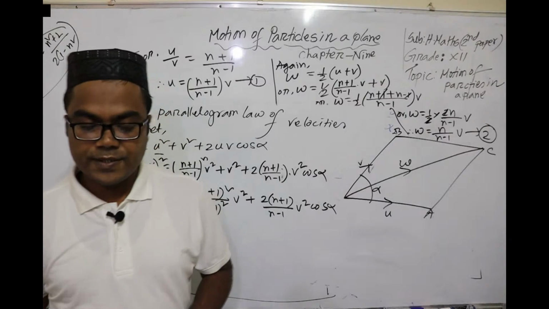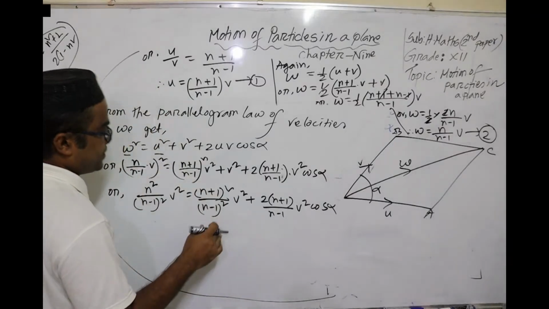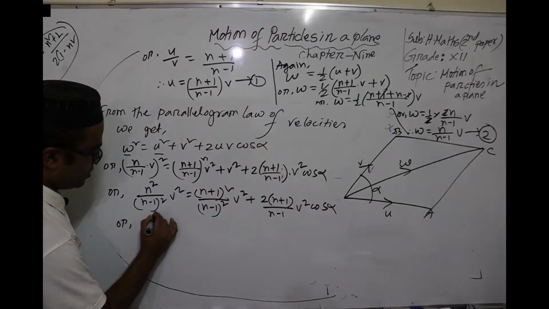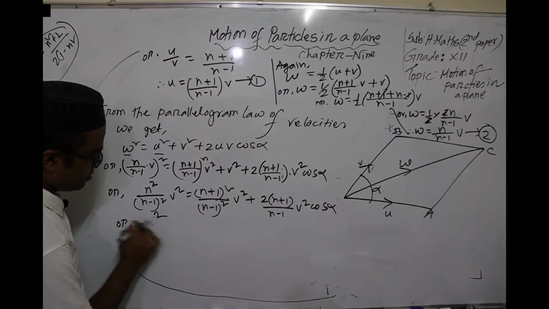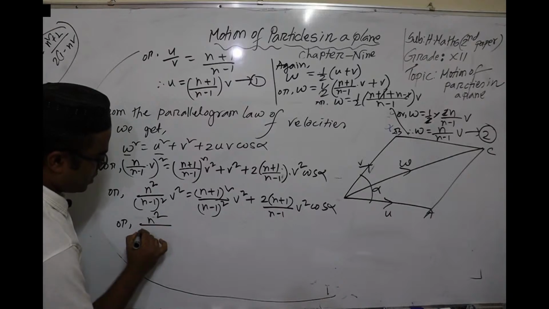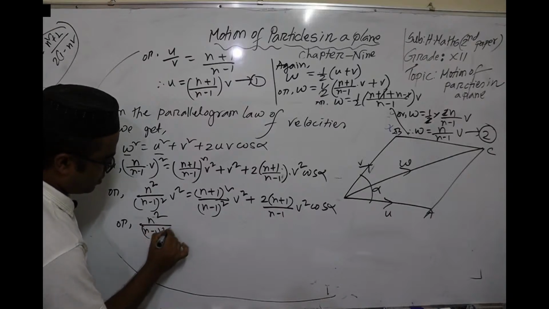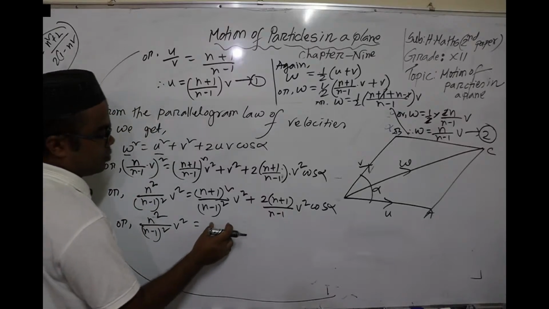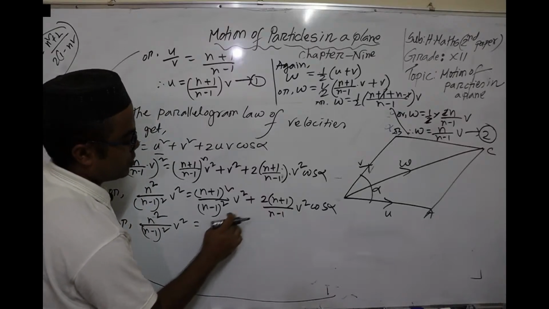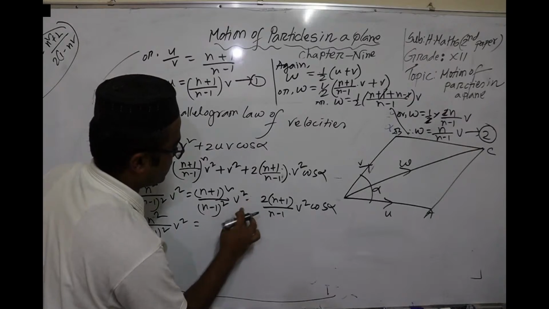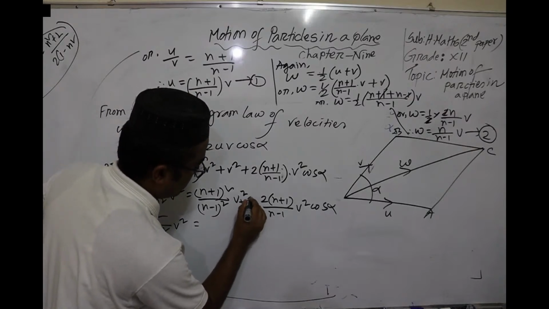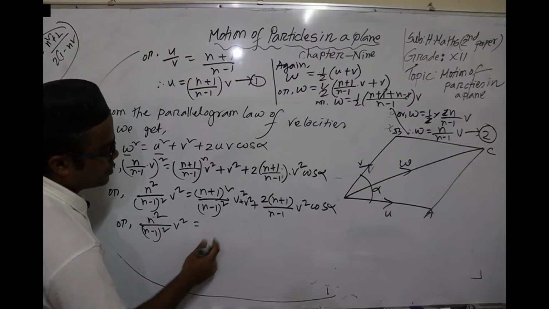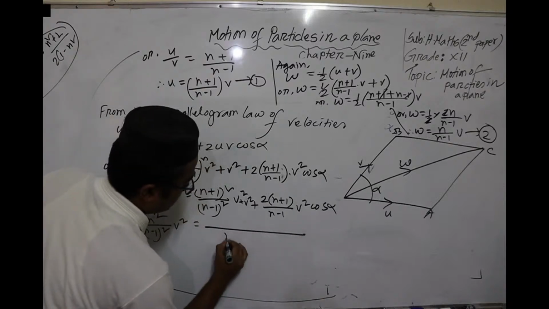Here, my dear students, now let's see. For n square by (n minus 1) whole square v square plus v square, what is the LCM? (n minus 1) whole square is the LCM.